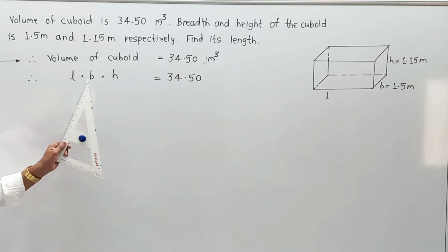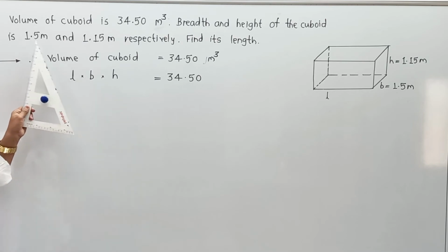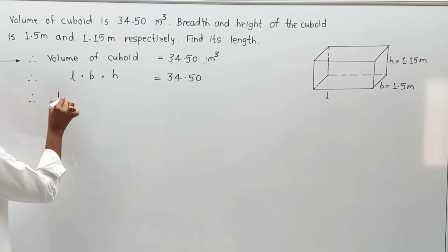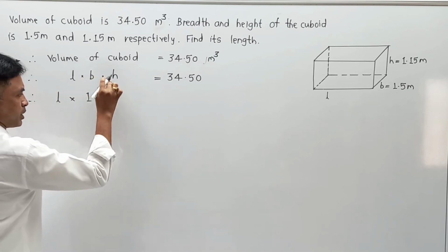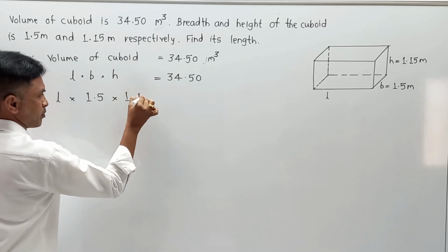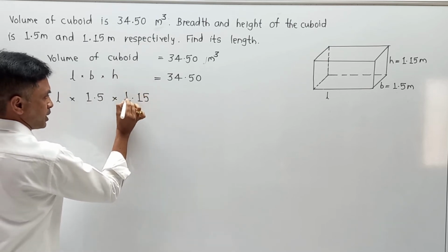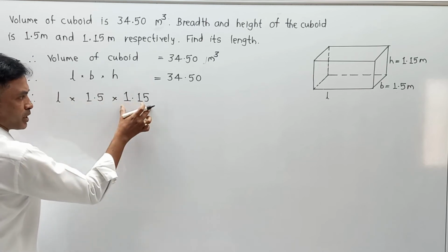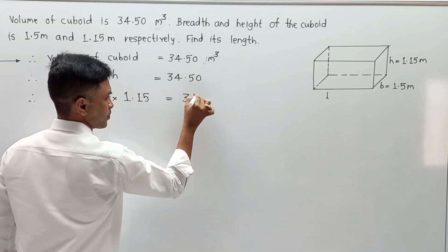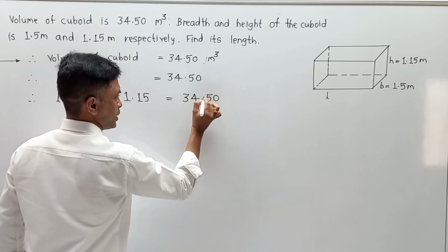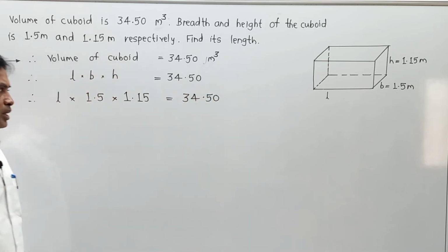Now we don't know length, but we know breadth and height. Breadth is 1.5 meter and height is 1.15 meter. Definitely this is in meter, this is in meter, and this value is in cubic meter, means the unit remains same, so there is no need to simplify any unit.